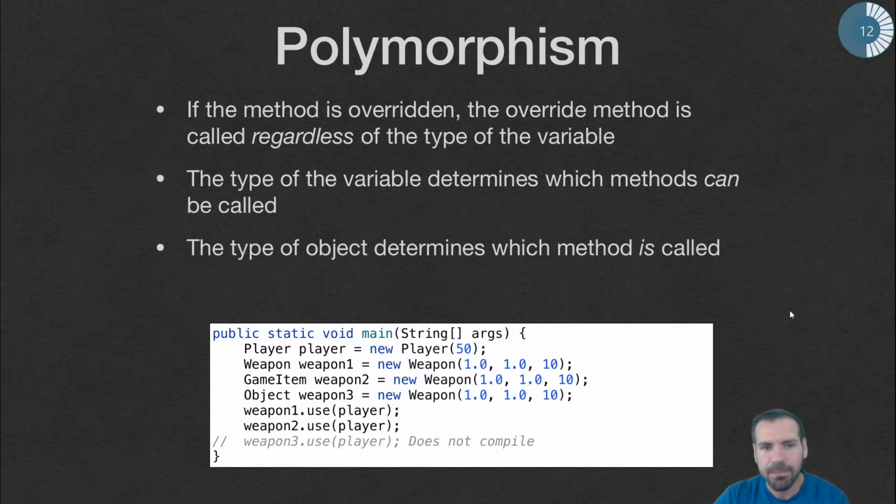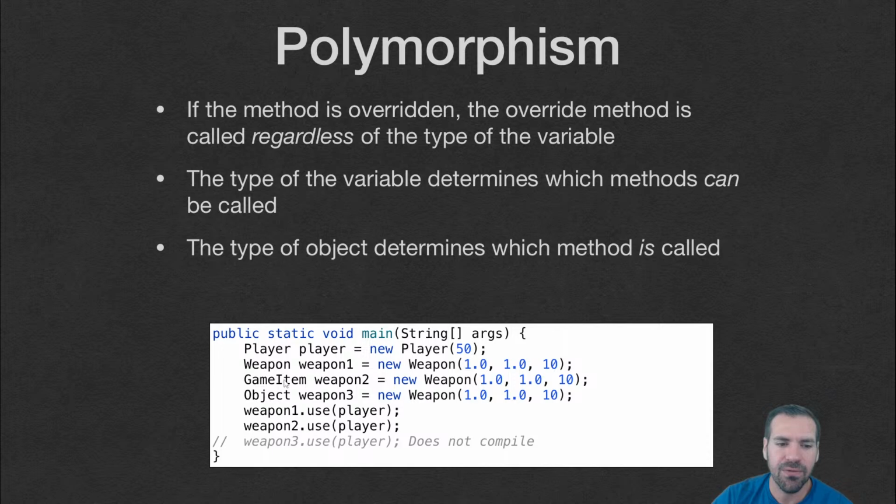We'll get this T down. But what method is actually called, nothing changes with this. What method is actually called still depends on the type of the object on the heap.